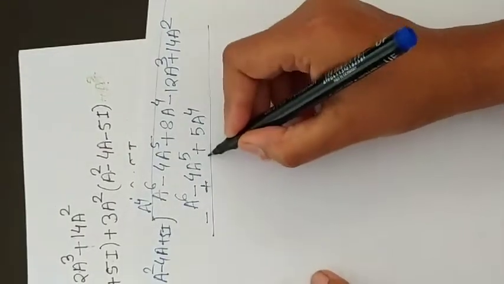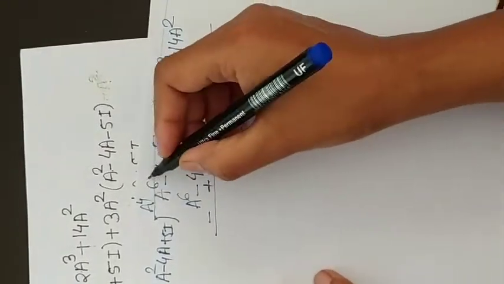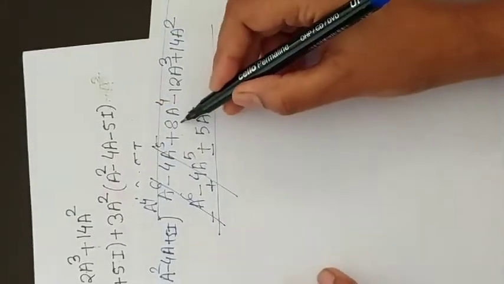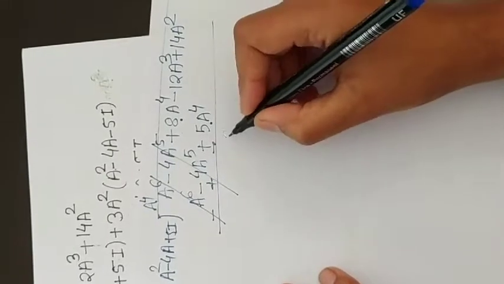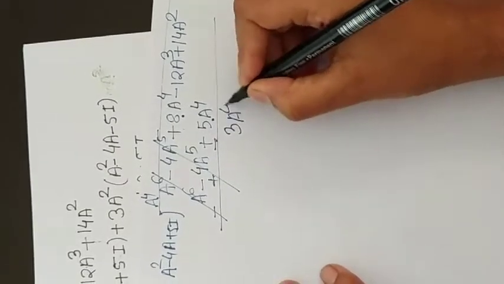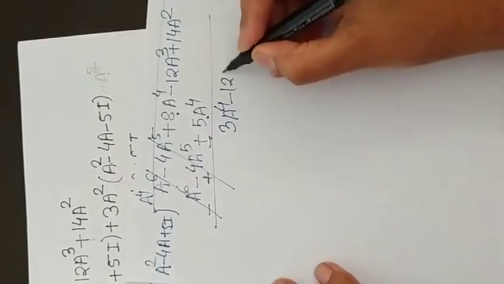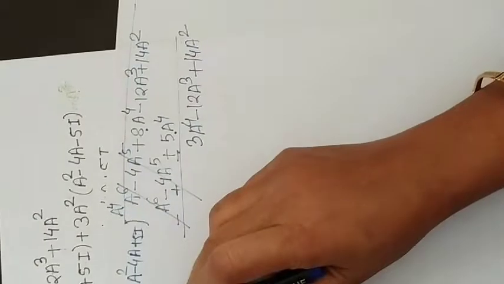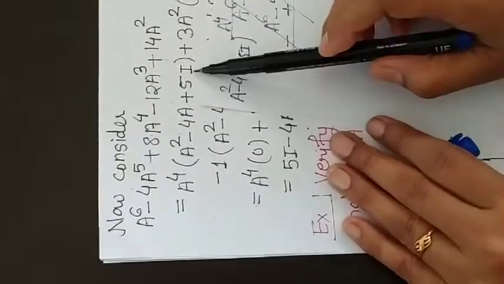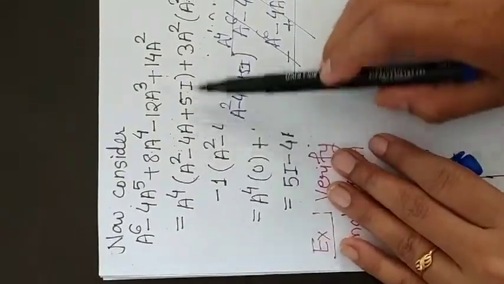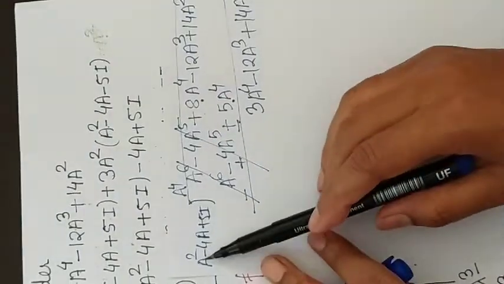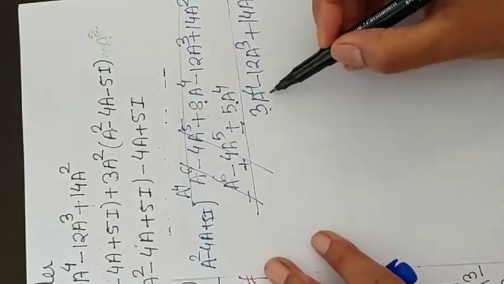Subtract. So there will be a change in sign. Now this gets cancelled, this also. Plus 8 minus 5 is 3A to the power 4 minus 12A cube plus 14A square. See here, first I have multiplied A to the power 4 into this divisor as it is. Next, again the degree of this is greater than the divisor, so we have to obtain 3A to the power 4.